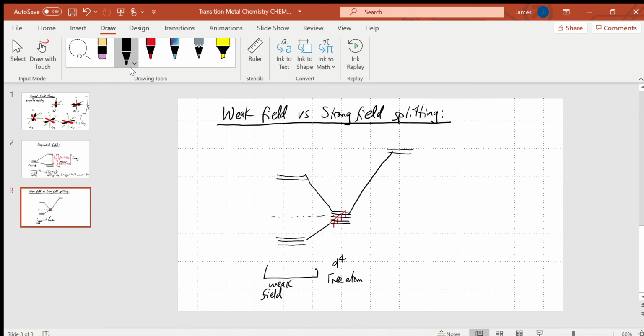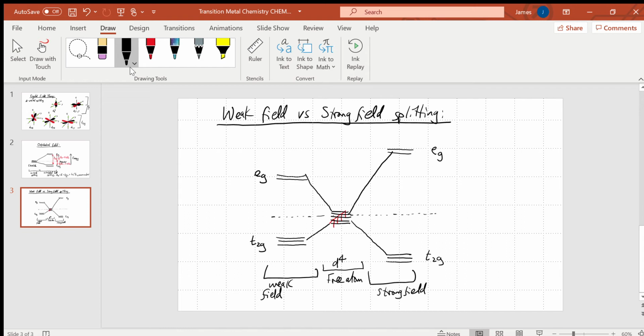Strong field here is just greater splitting. So this would be the T2G of the weak field and the Eg of the weak field. This would be the Eg of the strong field, the T2G of the strong field. Strong field. Okay, and we've got the barycenter still.